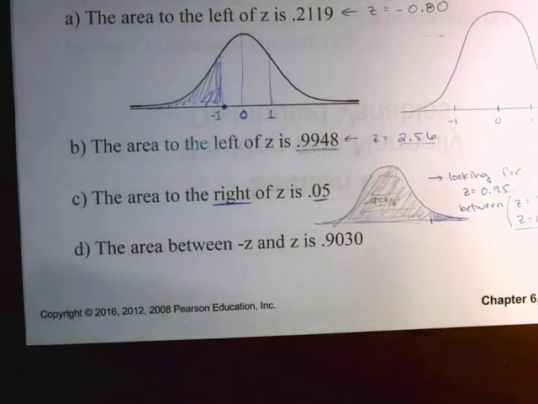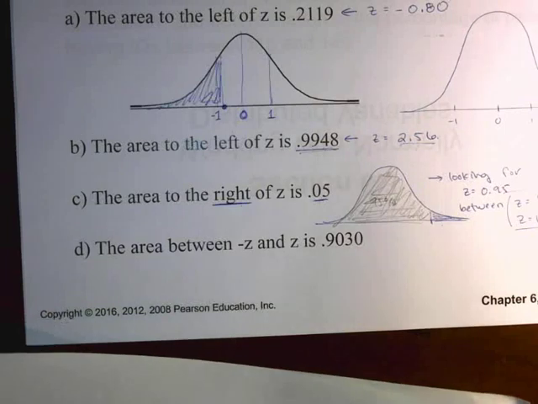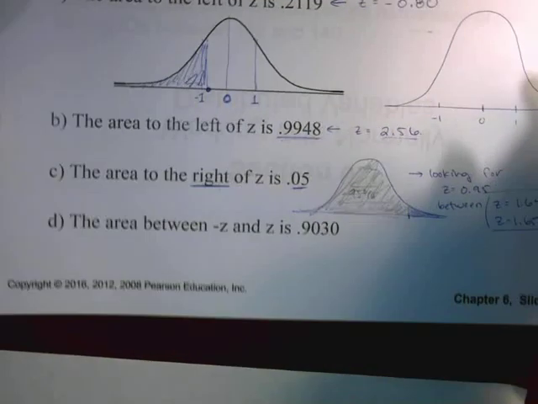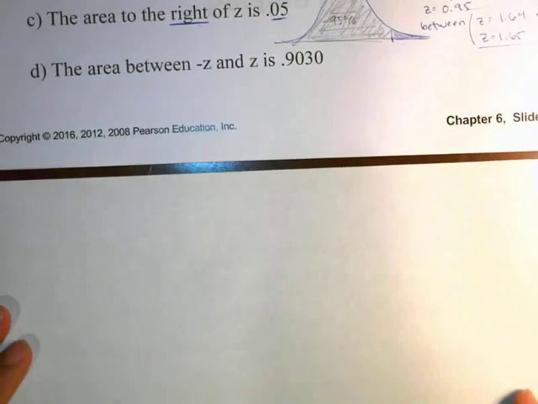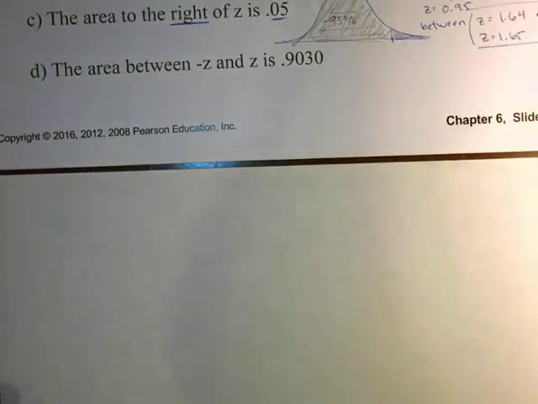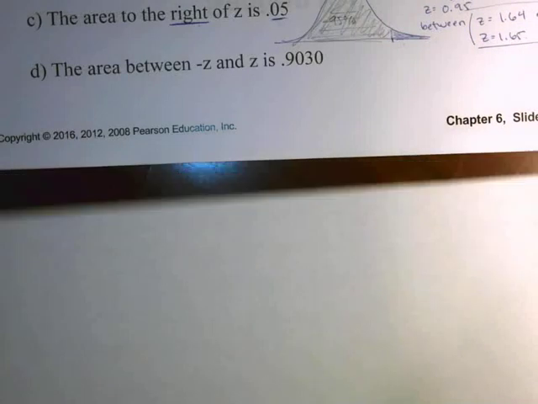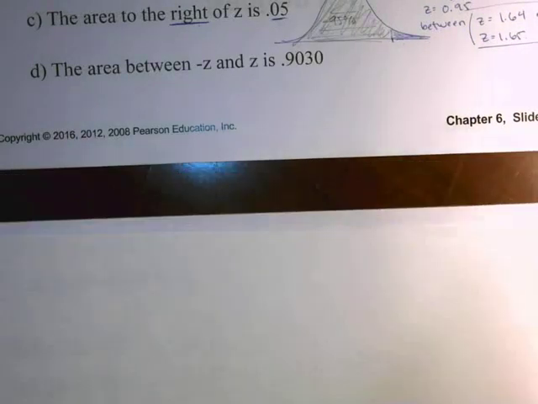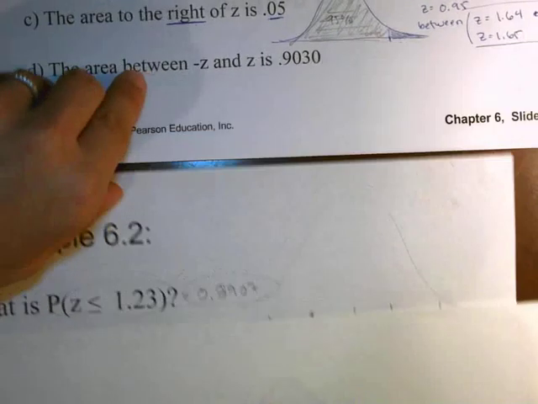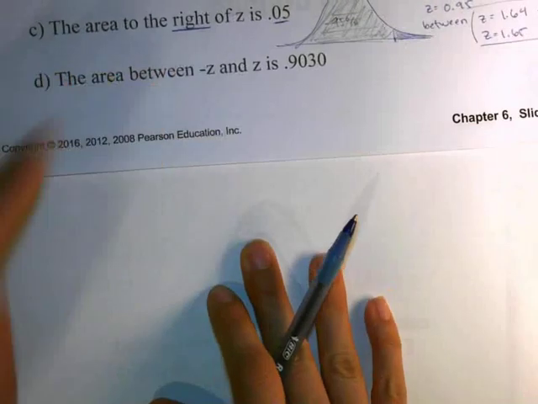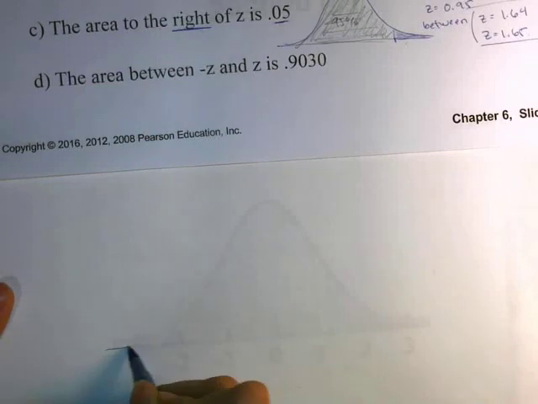Okay, this last one is tricky. So we're looking for something that says the area between z and negative z is 0.903. I think you really have to think hard about normal distributions in order to feel good doing this one.